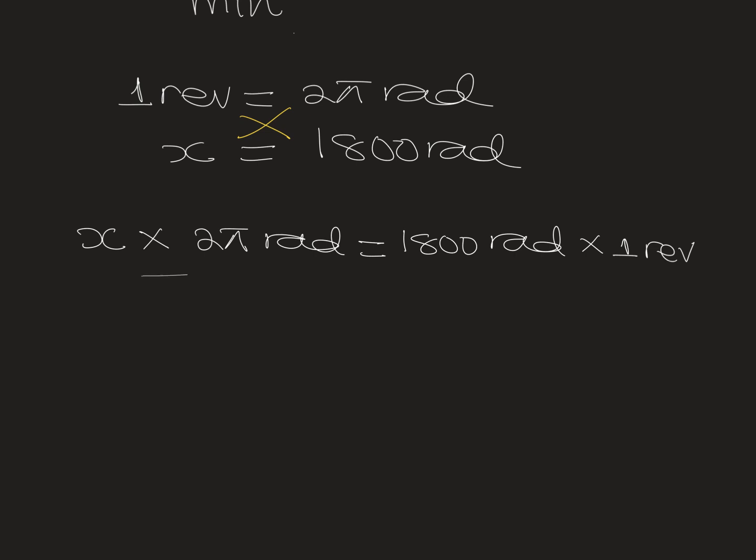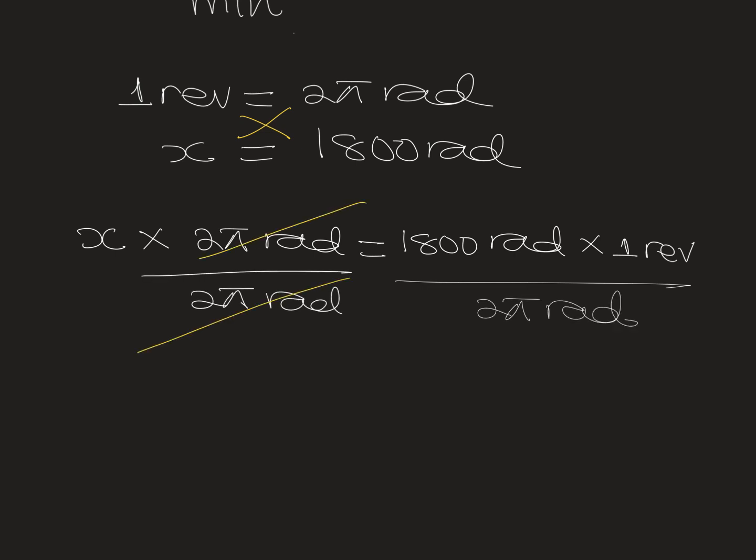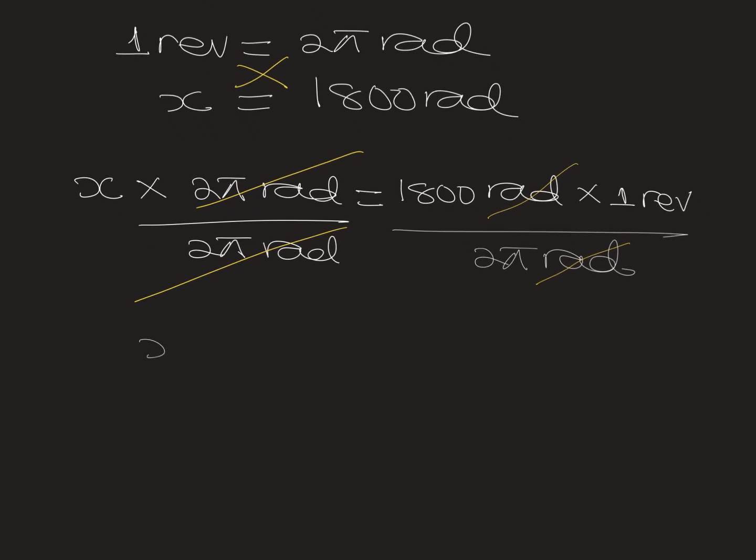So to find x, we divide both sides by 2 pi radians. This will cancel this. Radian will cancel radian. So what are we left with? X will now be 1,800 divided by 2, which is 900, because 2 goes into 1,800 900 times. So our answer will be 900 divided by pi revolutions.